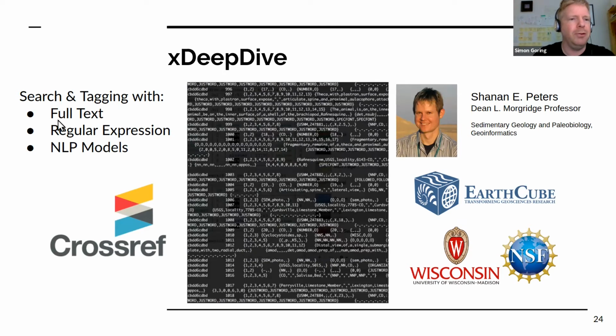And we have been doing full text, regular expression, and NLP model searching within these documents to find things like references to external DOIs, references to GitHub repositories to look for informal software citation, and a bunch of other things that we can talk about if you want to later.